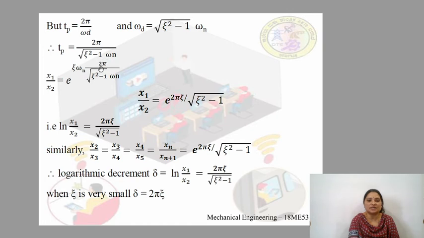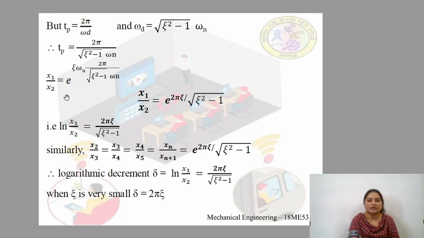So Tp is 2 pi divided by the square root of 1 minus zeta square into omega n. Since it is zeta omega n into 2 pi, we can write x1 by x2 equals e to the power of 2 pi zeta divided by square root of 1 minus zeta square, when omega n in the numerator and in the denominator cancel each other.